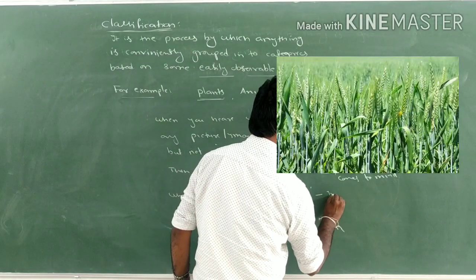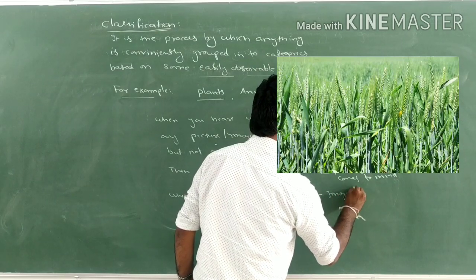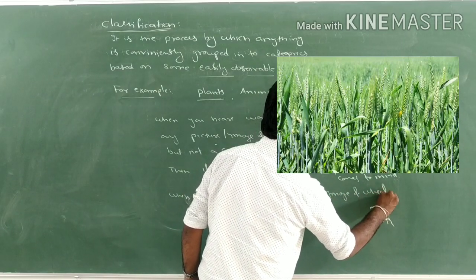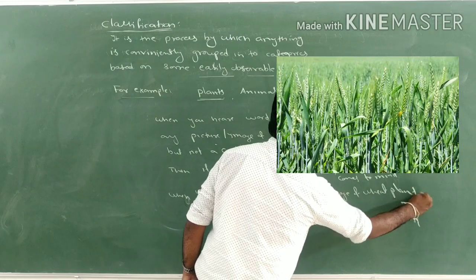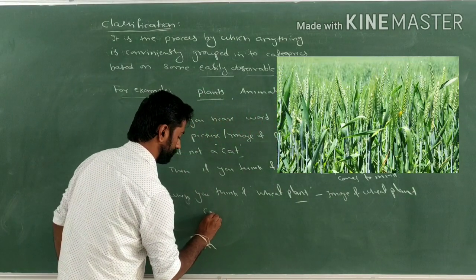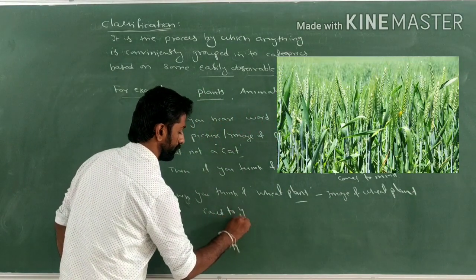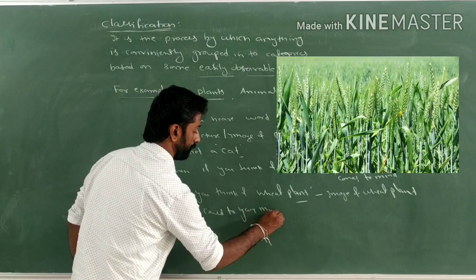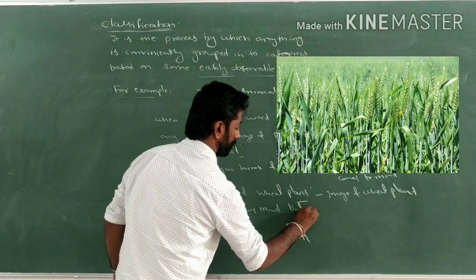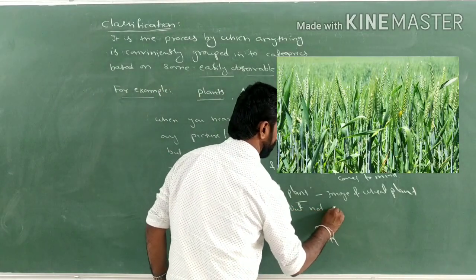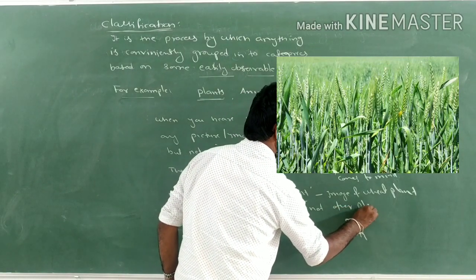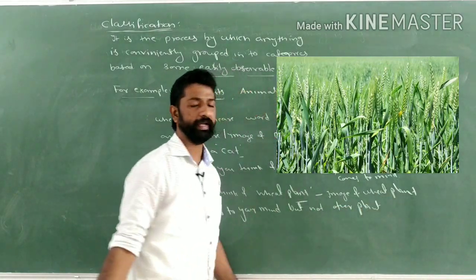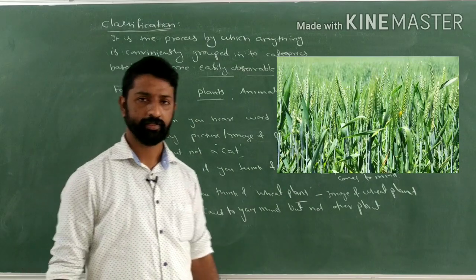The image of the wheat plant comes to your mind, but not another plant. Why does it happen?